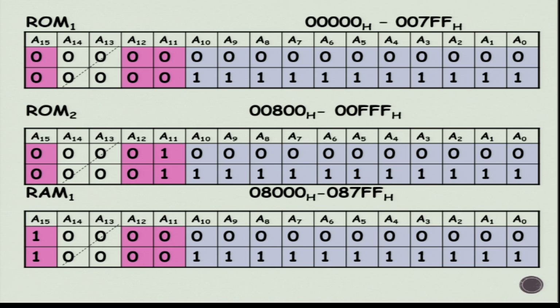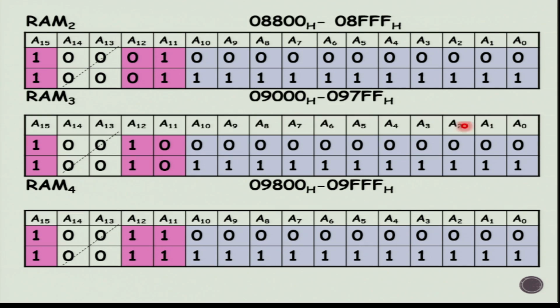Similarly, we can get the binary format of the rest of the RAM chips, RAM 2, RAM 3, RAM 4. Of course, A0 to A10 goes directly to the memory chips. Now we have to use A11 to A15 for decoding. You have to decide which of the address lines from A11 to A15 you are going to use.